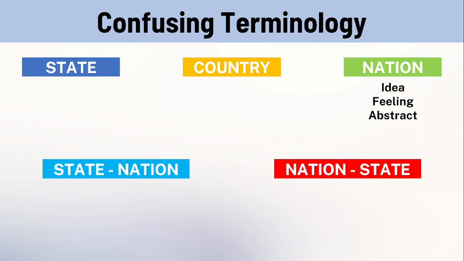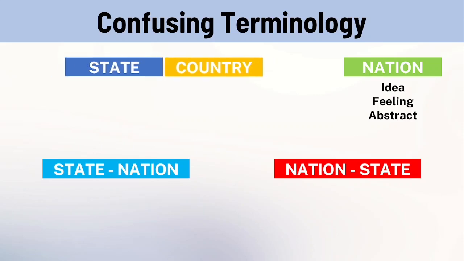We often use state, country, nation, nation state, but I want to clarify this and tell you guys what each of these terms mean and how they're actually not the same. However, state and country are the same from an international standpoint. State and country is any entity which has four elements: territory, population, sovereignty, and government, right?